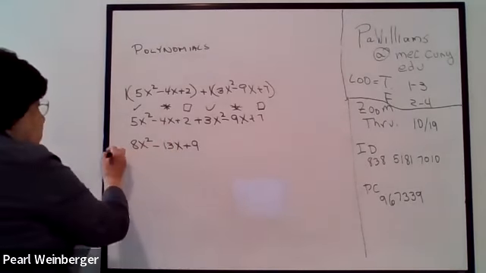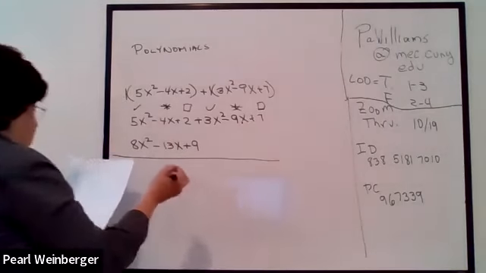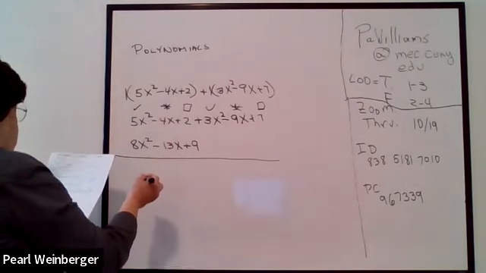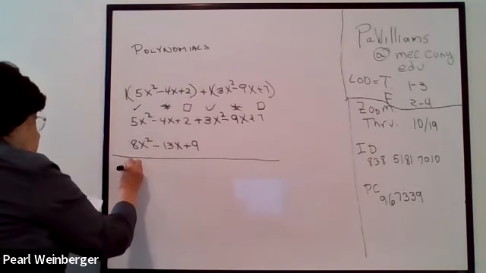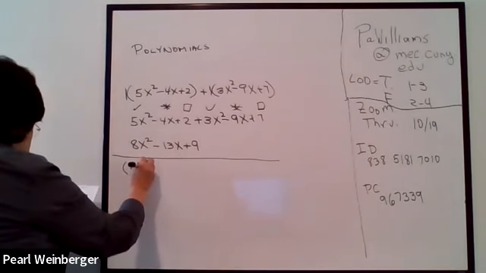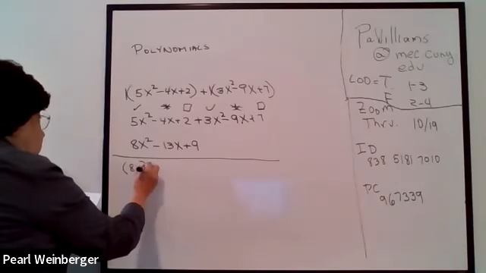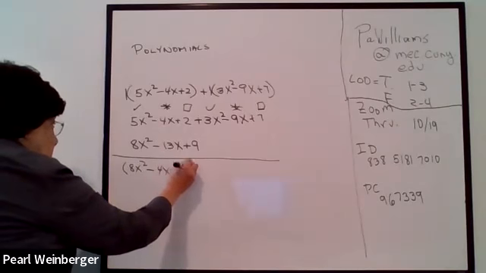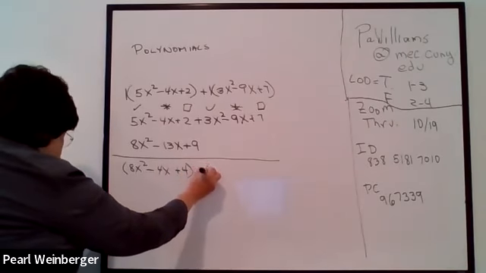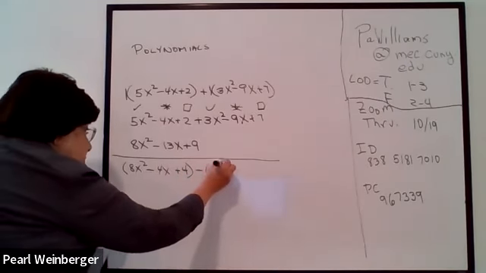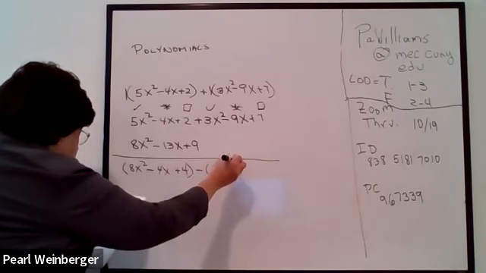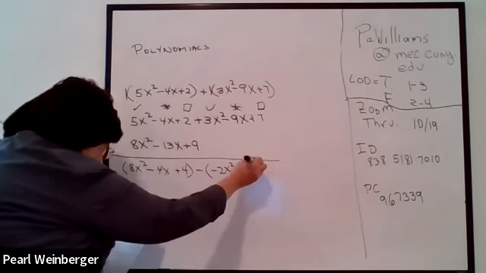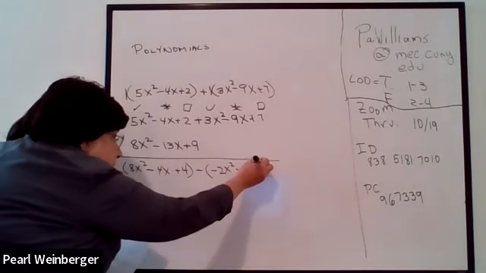Well, here's my next question. This is actually on a final exam. We have 8x squared minus 4x plus 4 minus negative 2x squared plus 3x minus 7.